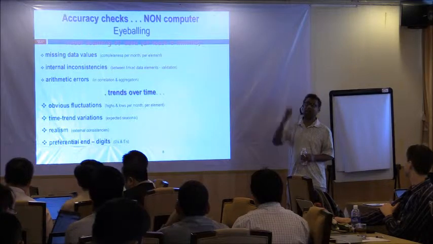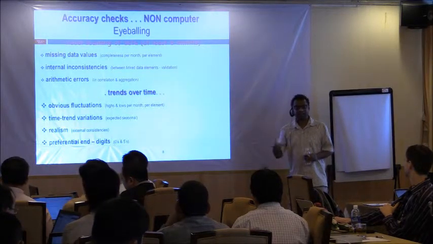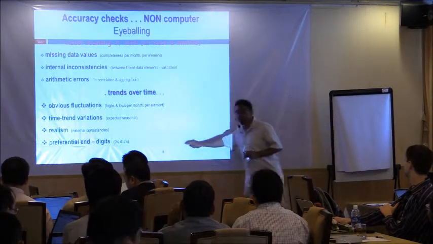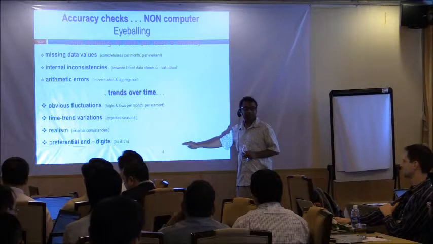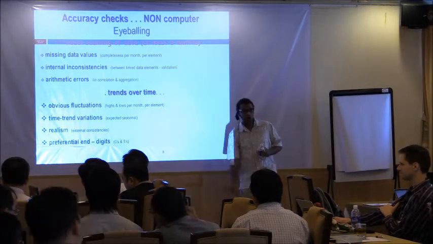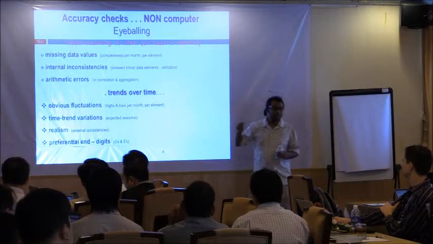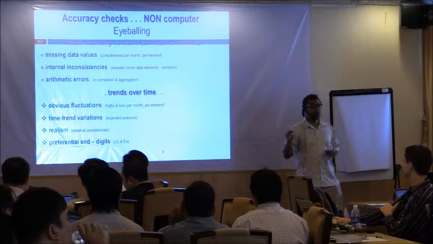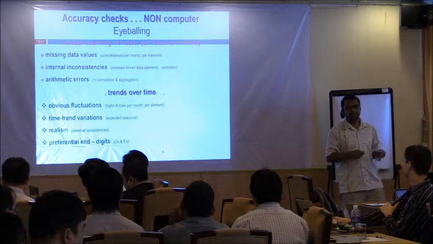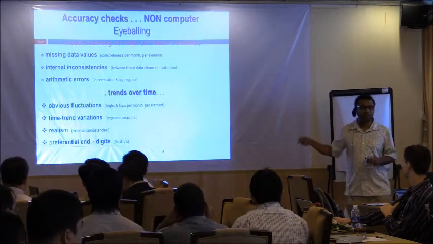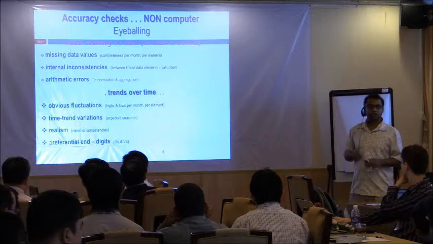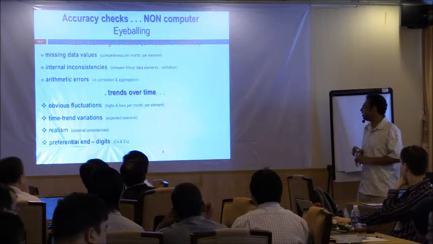They are just thinking, how much should I enter? 10, 20. That means they are not entering the right value. If in all the forms the values are in zeros and fives, then the data they're reporting is just not actual. They're just averaging it and entering it. That is one of the things to look at for data quality.